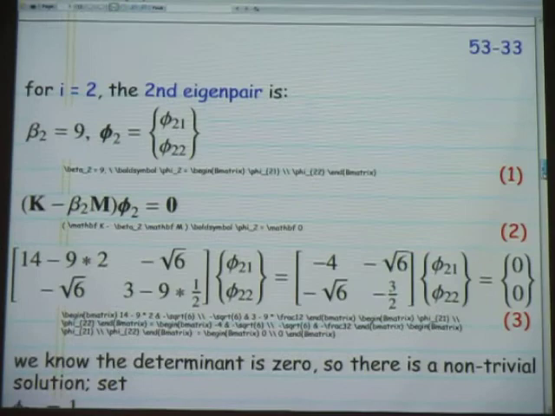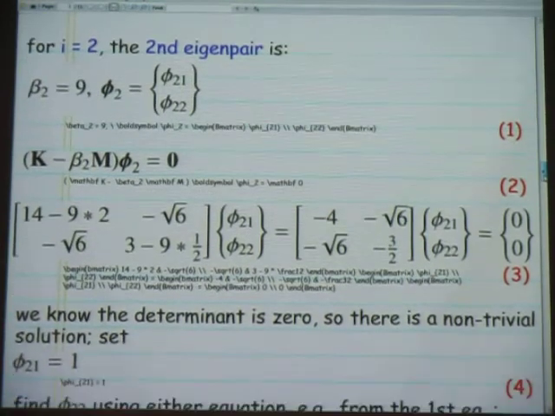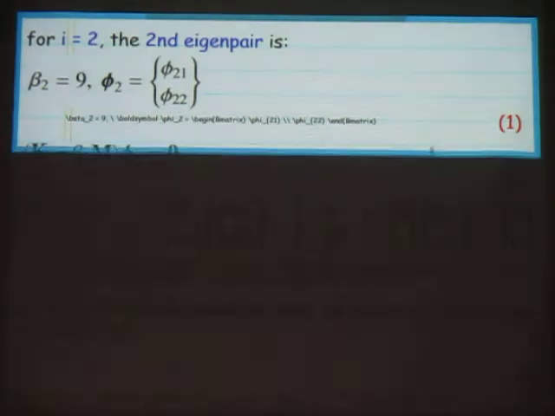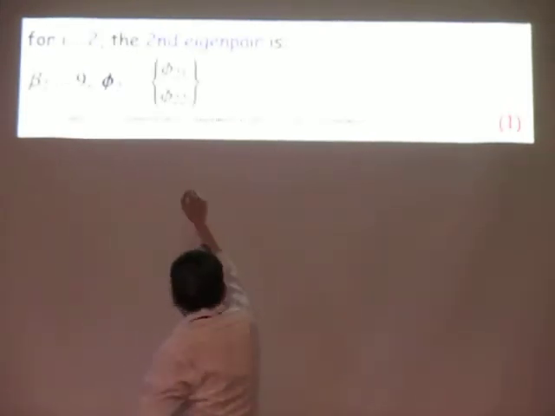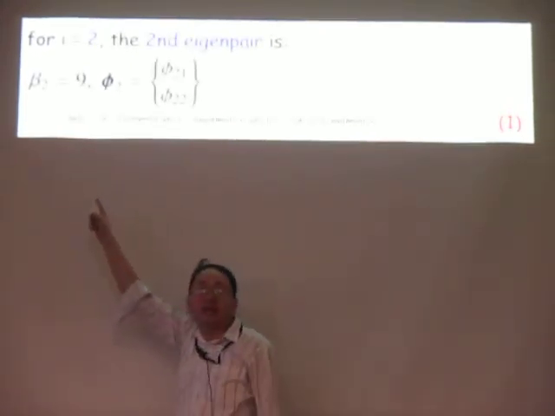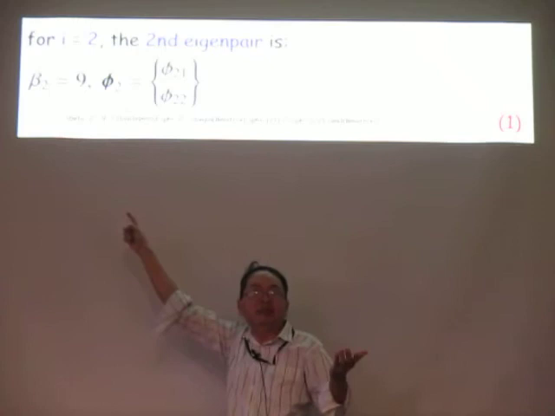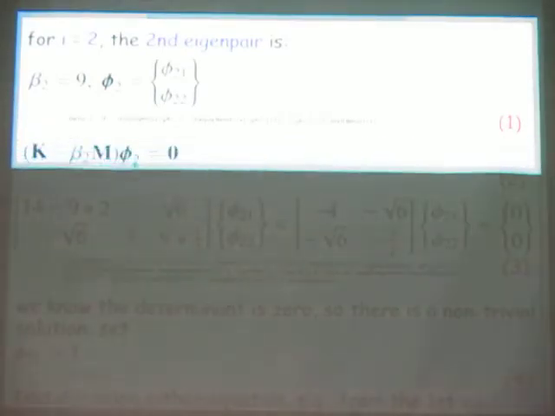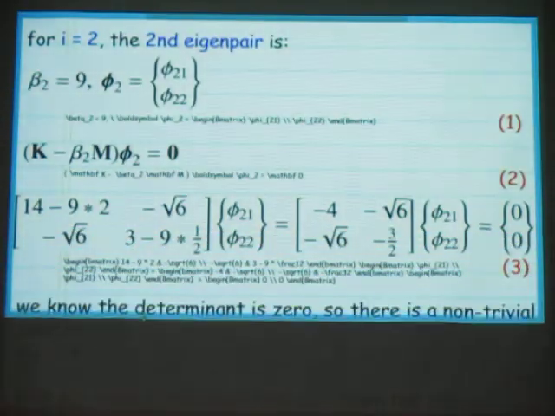And now, that's it. Once you get the concept, the method for the second eigenpair is exactly the same. To find the second eigenvector, you already know the eigenvalue. The second eigenvalue, beta 2, was equal to 9. We already found beta 2. Now we just need to find the corresponding eigenvector phi2, and the process is identical.